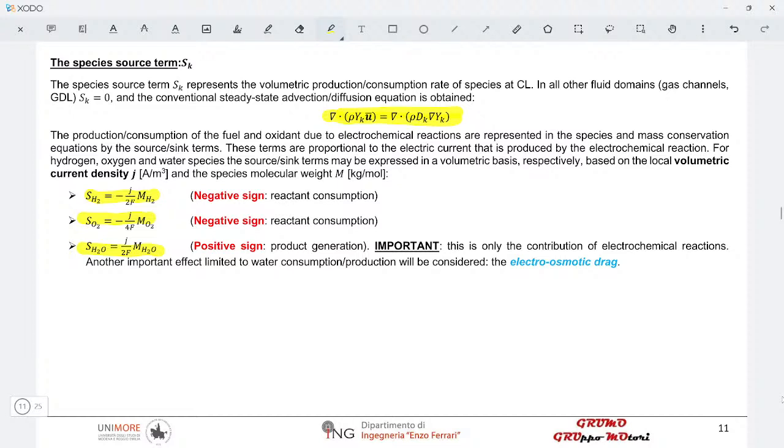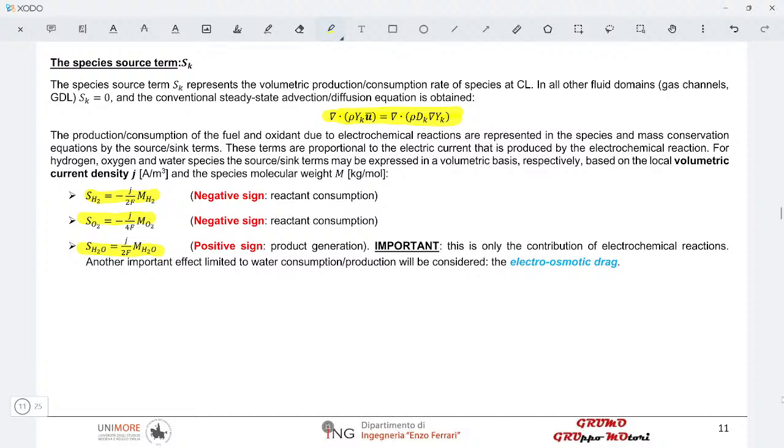The Faraday equation basically relates the electric current with the flow rate of species. So here we have for the hydrogen and for the oxygen a negative sign, which means a negative source. These are consumed by the electrochemical reaction. On the contrary, water is produced, so water is positive.